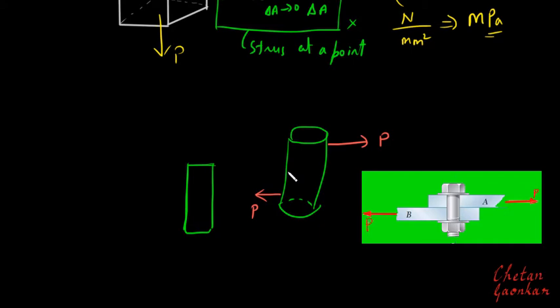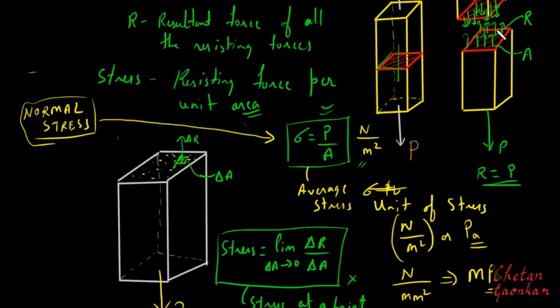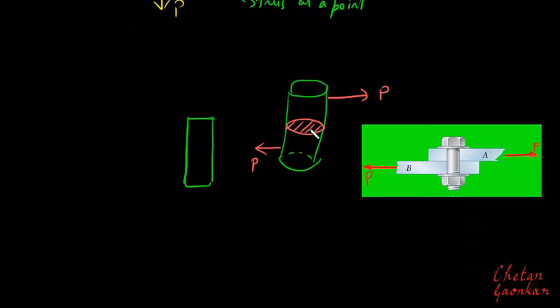And then again, if I consider one typical cross section of this bolt, then the resisting forces which will be developed on this cross section will not be exactly in this fashion. If I draw this section here separately, I'm drawing the bottom half of this section. Now the applied force is in this direction for the bottom half, right?